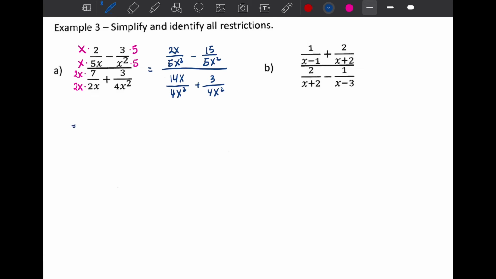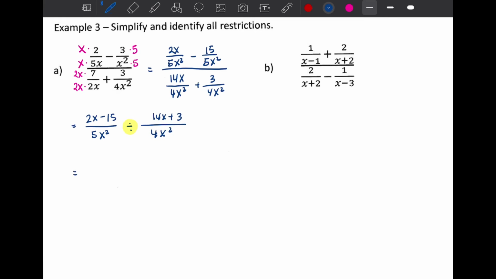All right, it's time to write this side by side. We have (2x minus 15) all over 5x squared divided by (14x plus 3) all over 4x squared. There's a division, and then we have a fraction here.